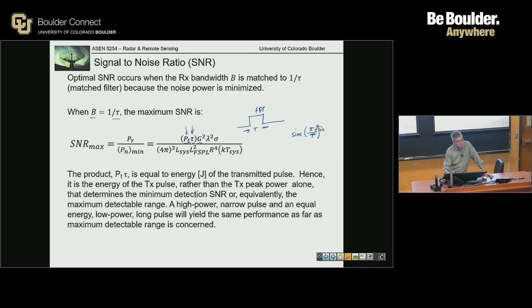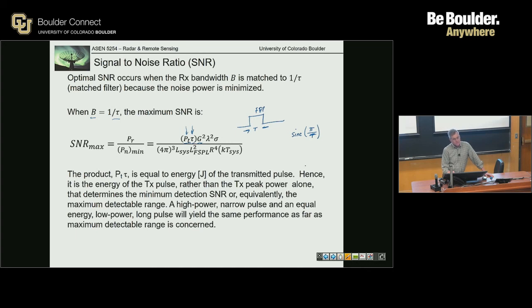It'd have to be F over something. The sinc function. Sinc F over something. I think that something would be 1 over tau, would it not? That's what I thought. That's initially what I wrote down, was it'd be F over basically the bandwidth.